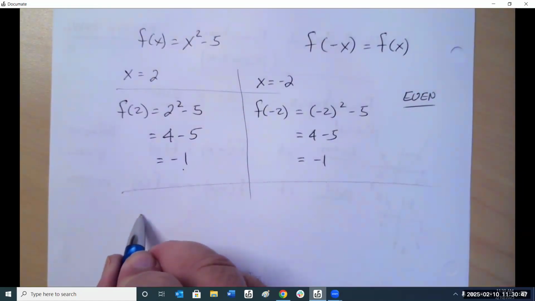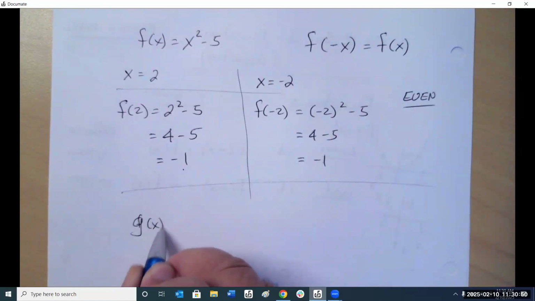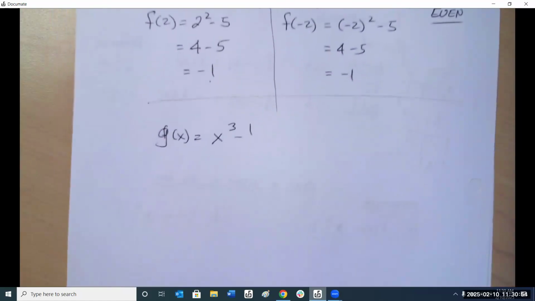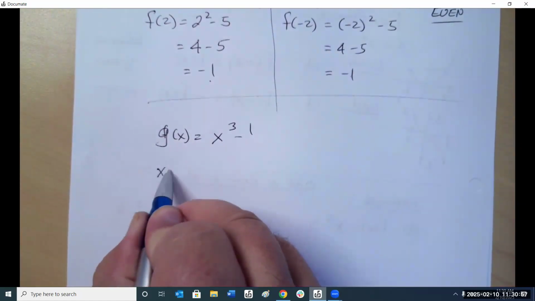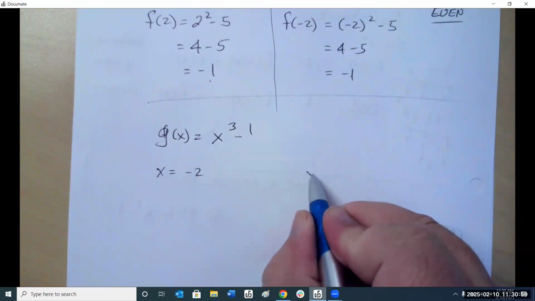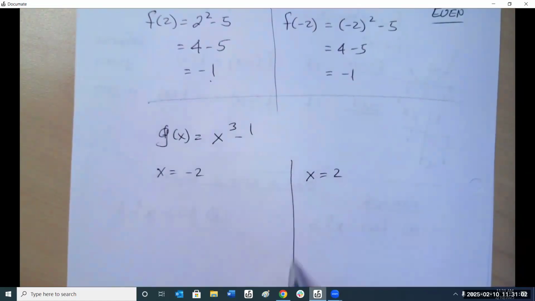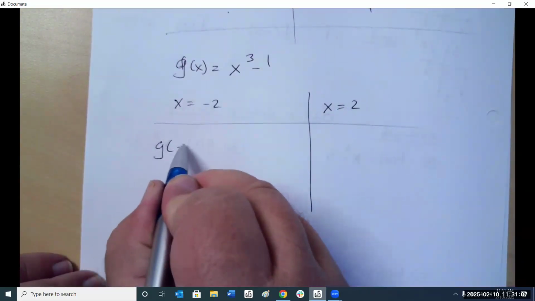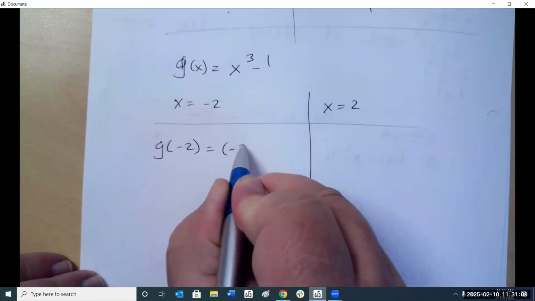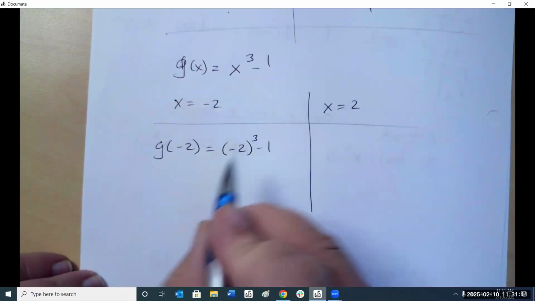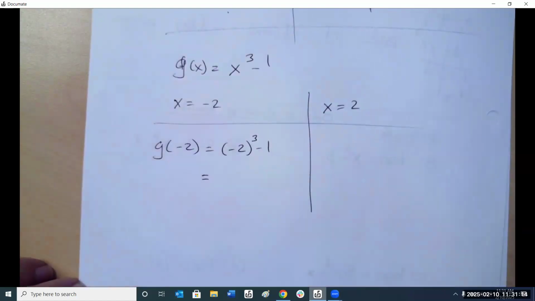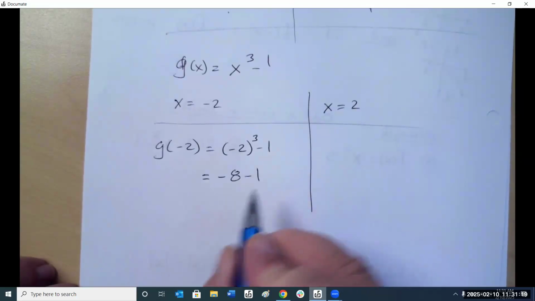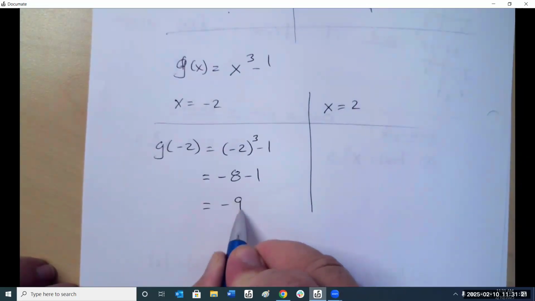Let's look at the second one. g of x, x cubed minus 1. Same thing. Let's make x -2 and x 2. g of -2 is -2 cubed minus 1. -2 cubed is what? -8. -8 minus 1 is -9.